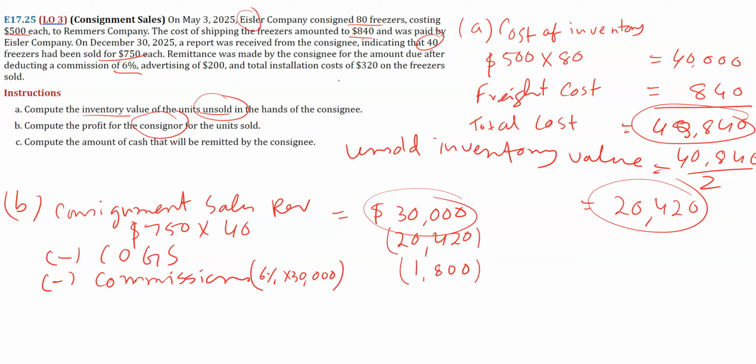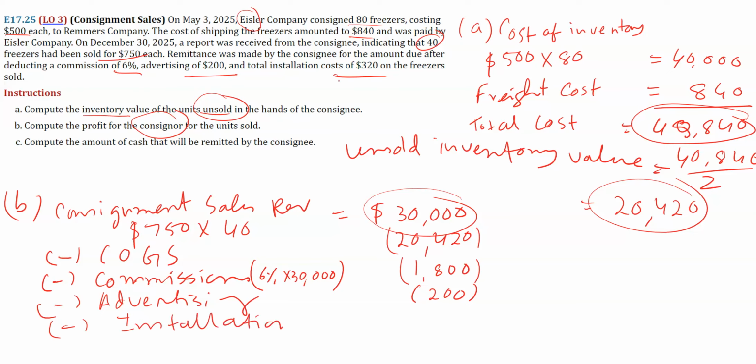Make sure you are subtracting those, and you also have to subtract advertising and installation, which will ultimately be paid by the consignor. So let's subtract the advertising expense, which was $200, and then the installation cost, which is $320.